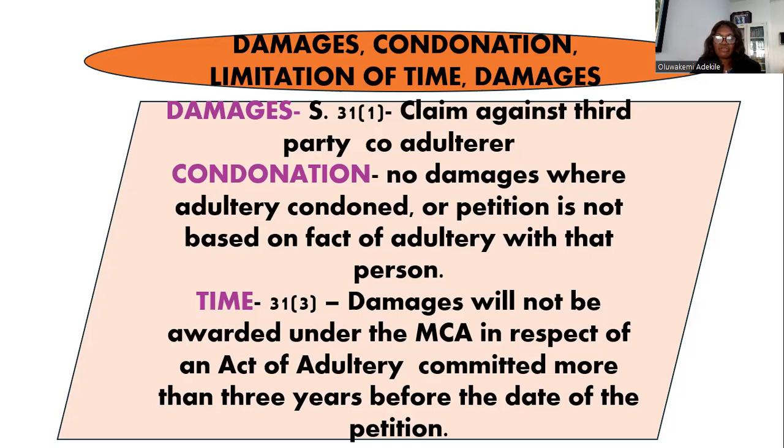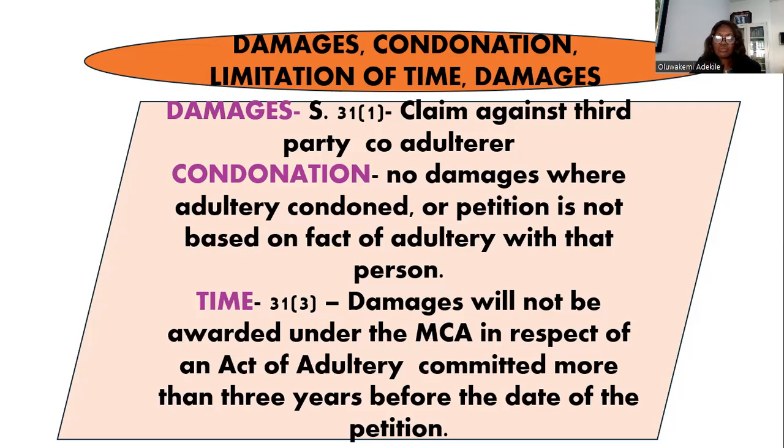If the wife, for instance, or the husband had condoned the act of adultery, the person will not be able to claim damages. Also, if the petition for divorce is based on something else apart from the adultery, yes, the adultery is existing, but that is not the premise upon which the petition is based, then the damages may not be awarded.